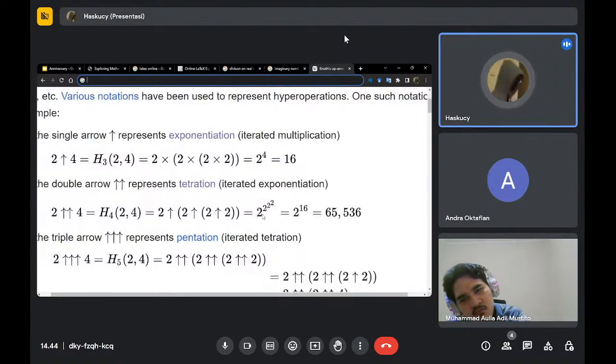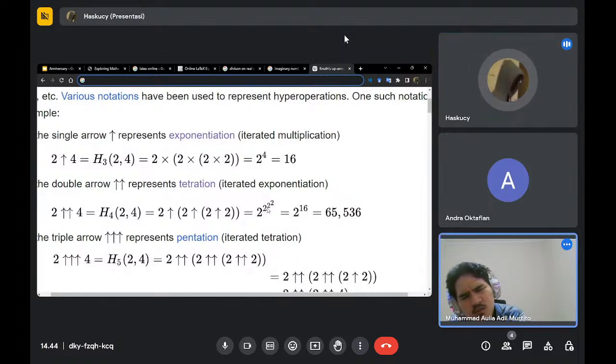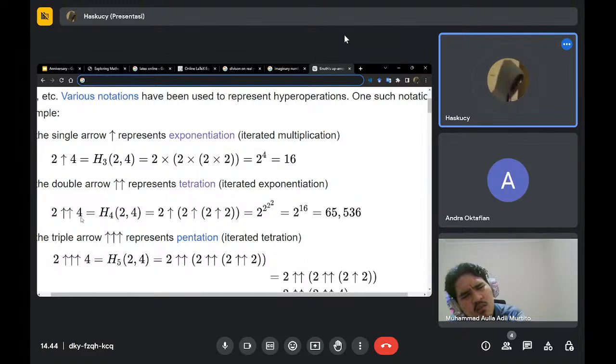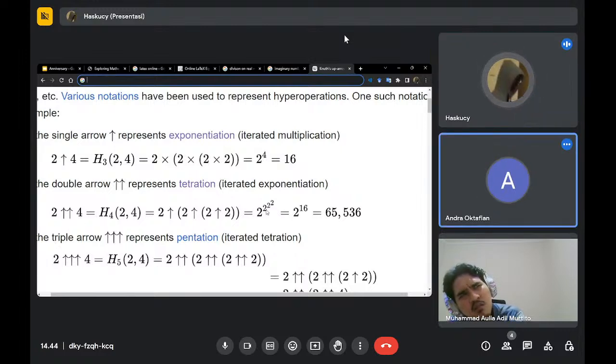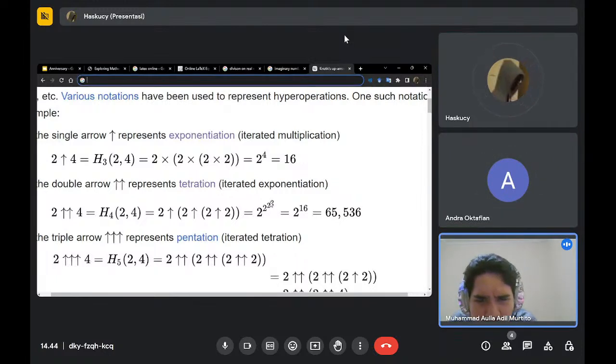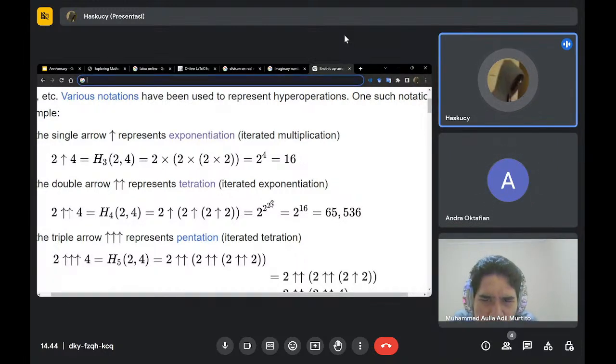How do you iterate this? How do you even define tetrate 0.5? You cannot. We don't have a definition for it yet. That's why it's not that we don't have a proof; it's more that we don't have a definition for it.